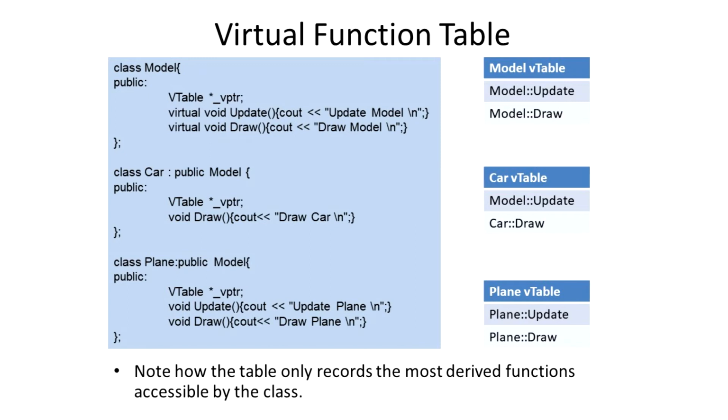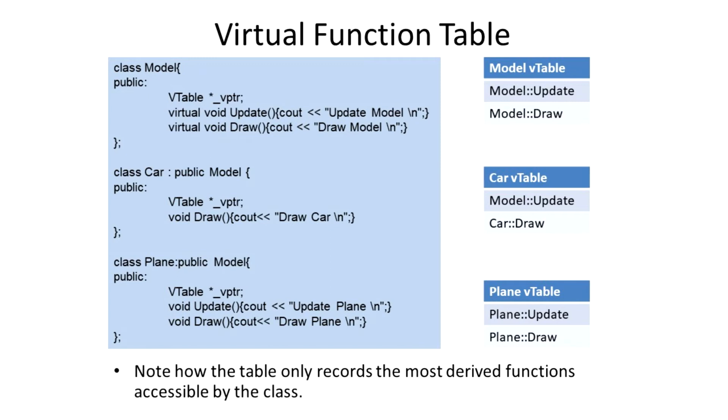So in the VTable, we see the pointer to the child's overridden function. Notice there we see car, scope resolution operator, draw. So we refer to the child's one. It's set up ready for us. But as we're not going to be overriding the update function, we've got a pointer to the parent's update function. Notice there model update rather than car update, because we're not specifying an overridden version of it in the child.